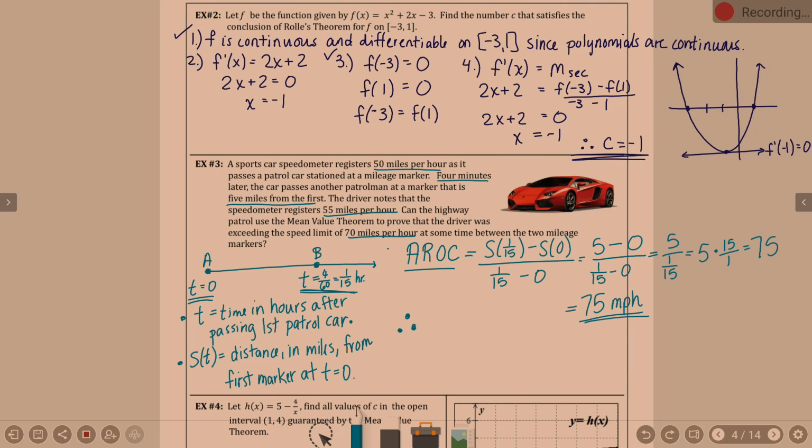Okay, so the question was, can the highway patrol use the mean value theorem? Yes. And yes.